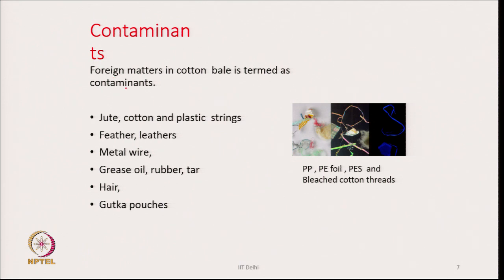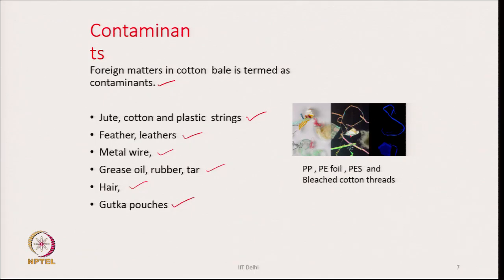The contaminants are the foreign matters in cotton, and these are all termed as contaminants, all foreign matters. These are jute, cotton and plastic strings, feathers and leathers, bird feathers, it could be metal wires, grease, oil, rubber, tar, human hair or animal hair, gutka pouches. These are all contaminants.